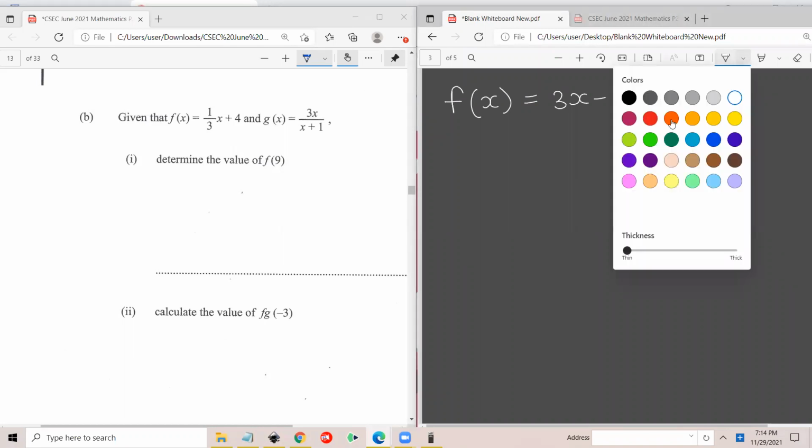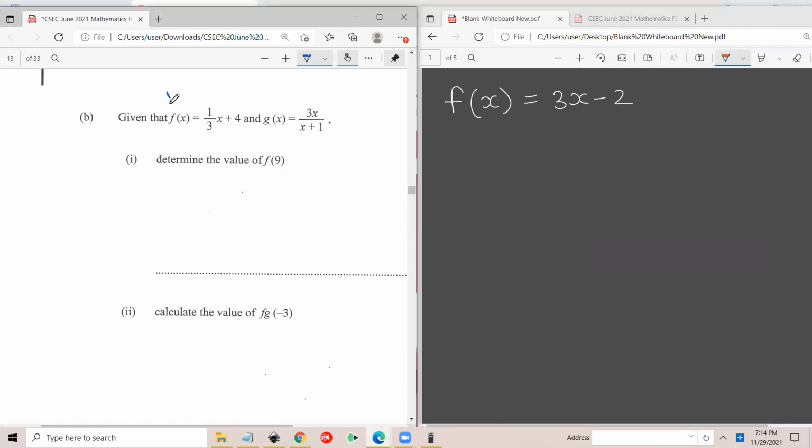And he might give you a second function. It doesn't always have to be f and g like in today's question. They can use any letter in the world. So if I wanted to use h, I can use h. Let's just assume h(x) is 5x on 2x minus 4. And I come and ask you this question. I am asking you to find f(6).